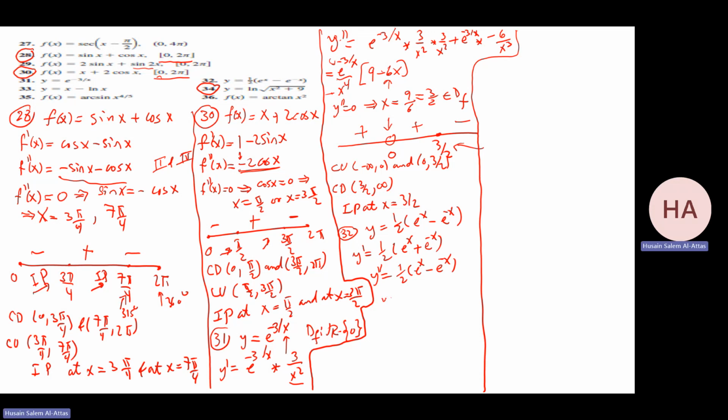Now I need to solve this. By the way, the domain is all real numbers. The function is defined everywhere. We have no problems. So I'm getting e^x equals e^(-x). In other words, take ln: x equals minus x. So that means x equals 0. That's the only solution.